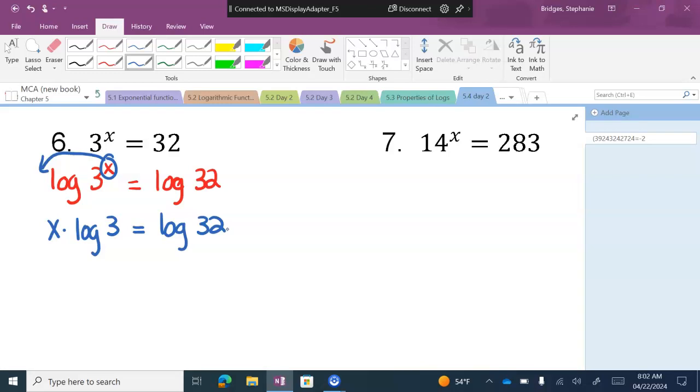So far, so good? Okay. Now, to get it calculator ready, I need to get x by itself. So right now it says x times the log of 3. How do I undo that? How do I undo multiplication? Divide. So we're going to divide by the entire log, dividing both sides by the log of 3.